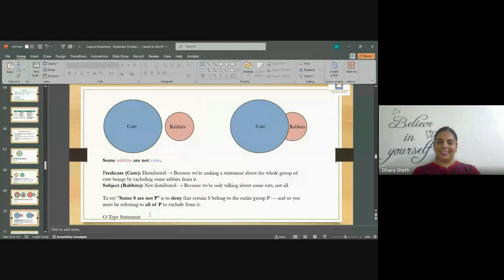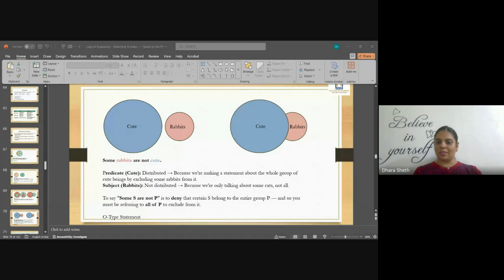And the fourth and last type of statement, some A are not B. All A are B, no A are B, some A are B, some A are not B. So when I say some A are not B, let's say some rabbits are not cute.